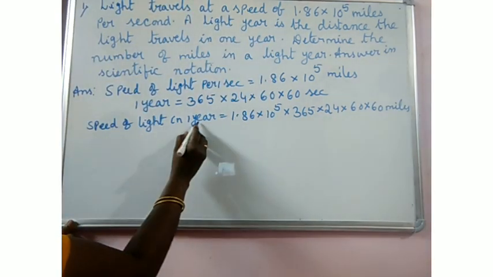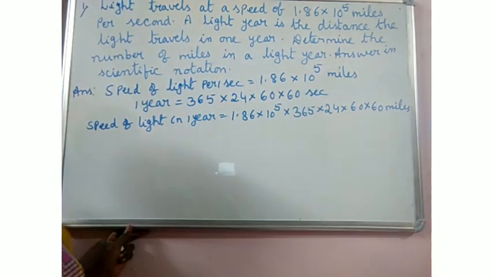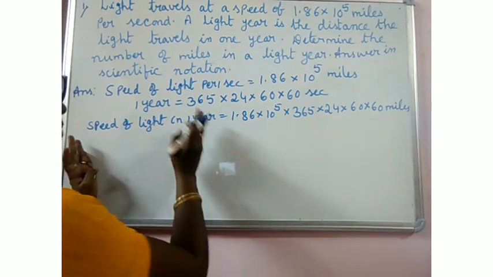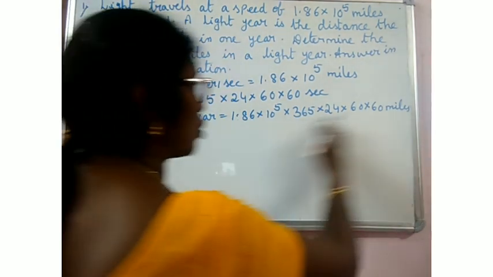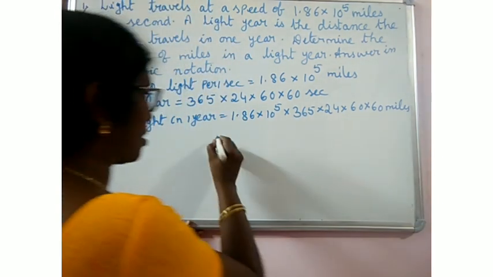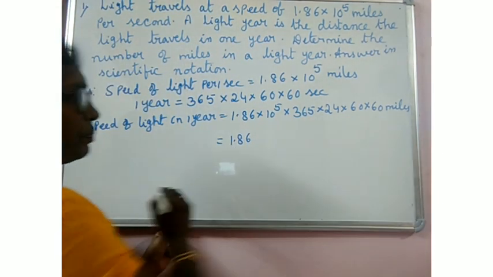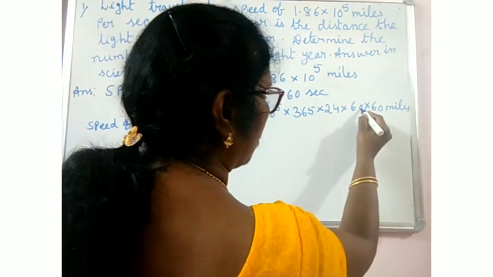So in 1 year light travels these many miles. The number of miles in a light year is these many miles. Our task is only to multiply all these. Let me keep 1.86, 10 to the power 5, here 10, here 10.